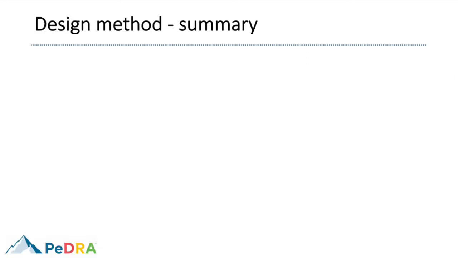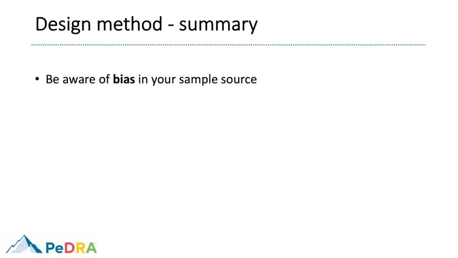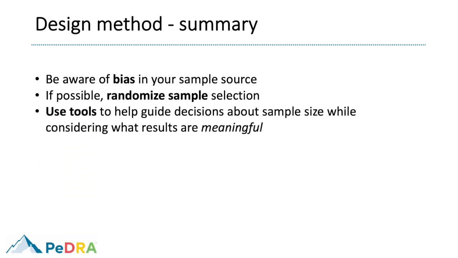This concludes part 2, designing your method. In summary, be aware of bias in your sample source. If possible, randomize your sample selection. Use tools to help guide decisions about sample size while considering what results are meaningful.